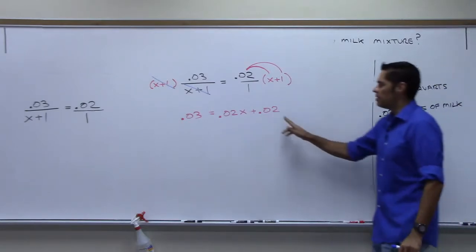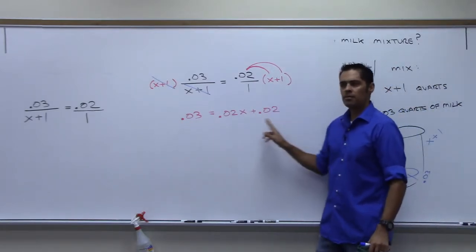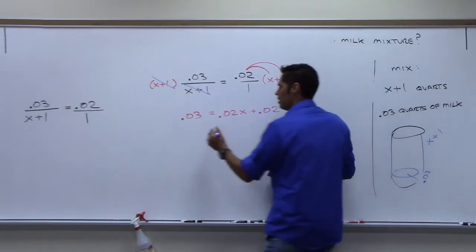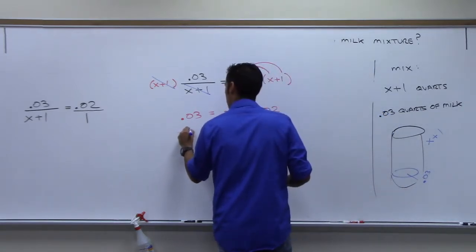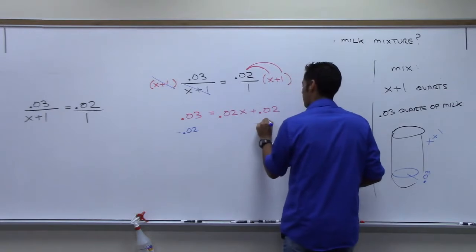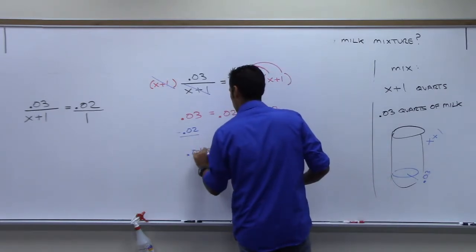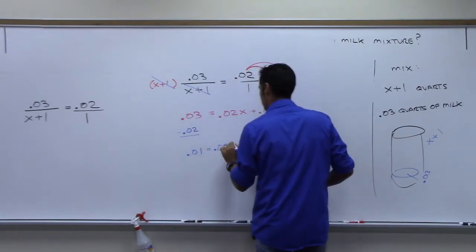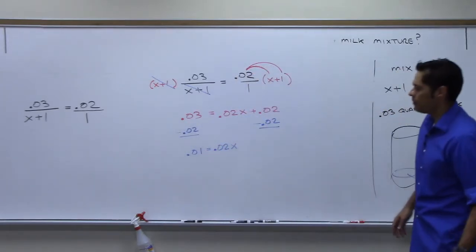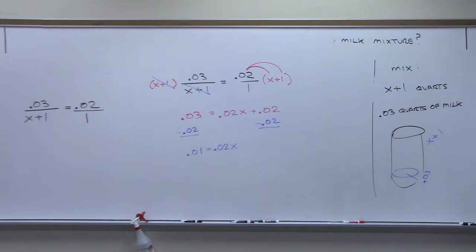You can subtract 0.02 on both sides. When you do that, you get 0.01 equals 0.02x. And if you divide that, you should get 0.5.